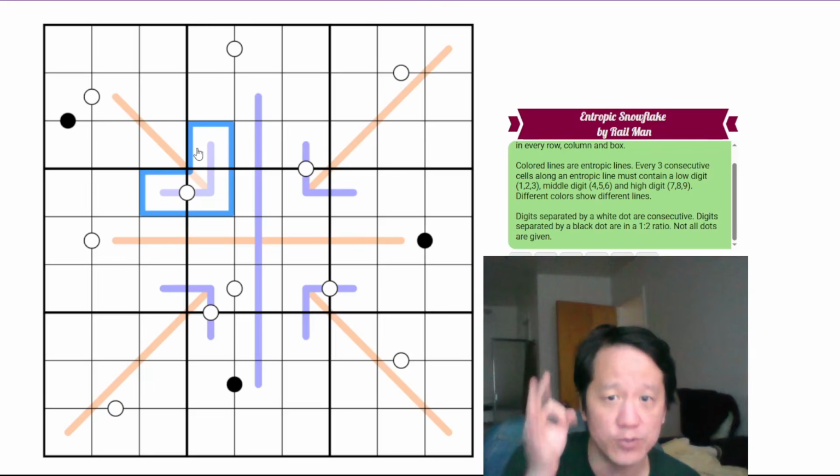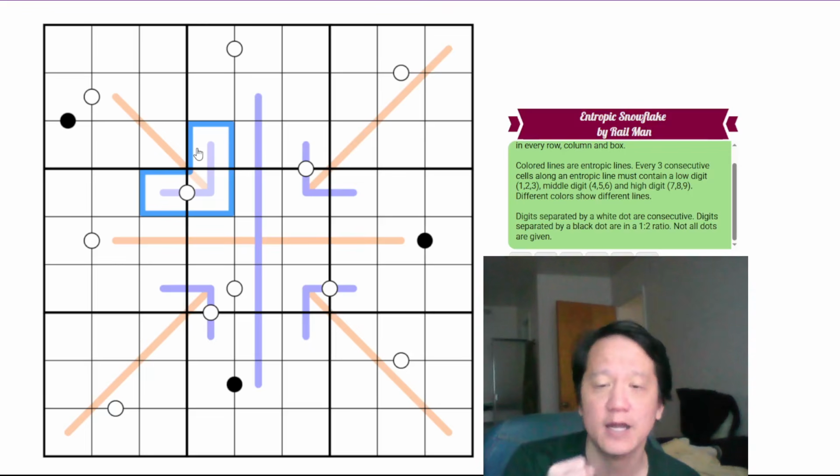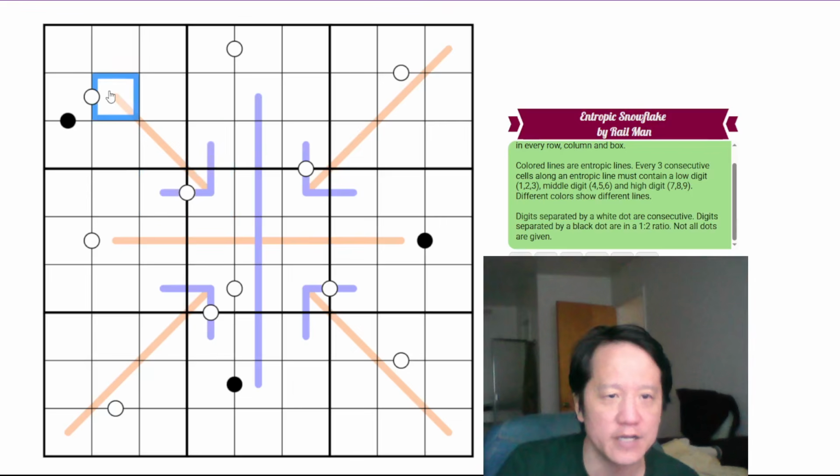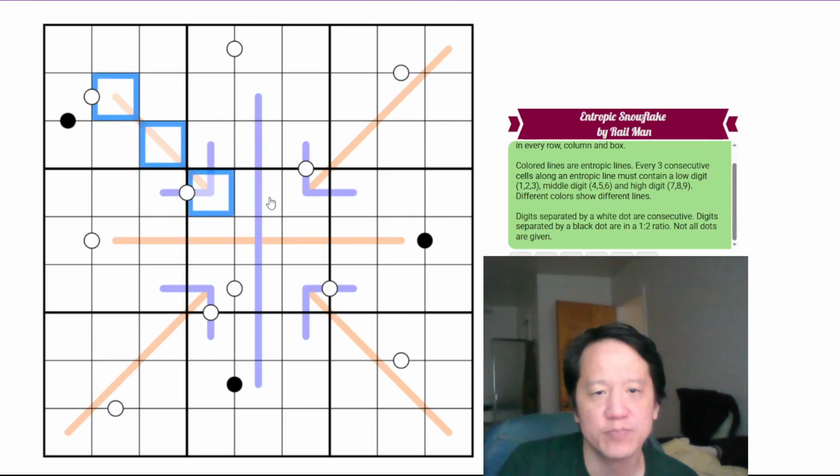So every 3 cells along an entropic line has to have 1 low digit, 1 middle digit, and 1 high digit. And different colors just show different lines.